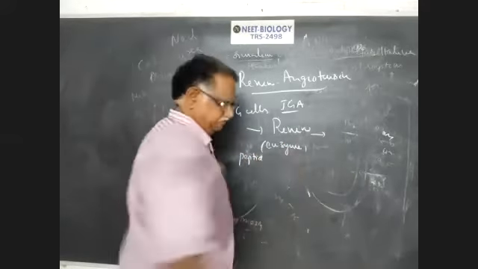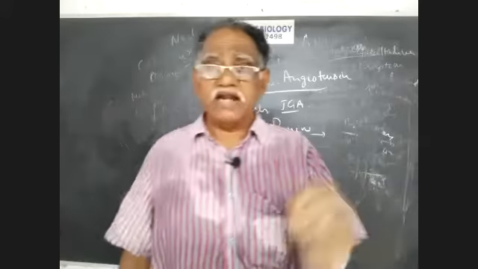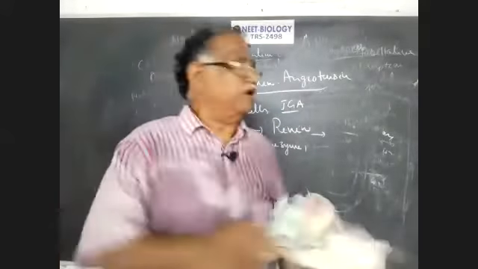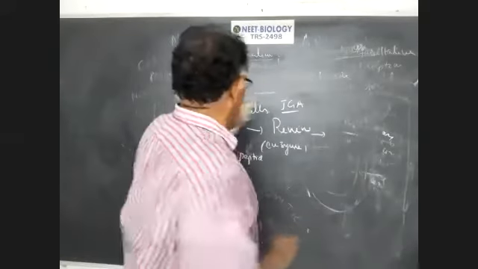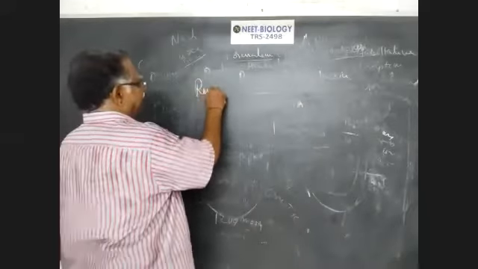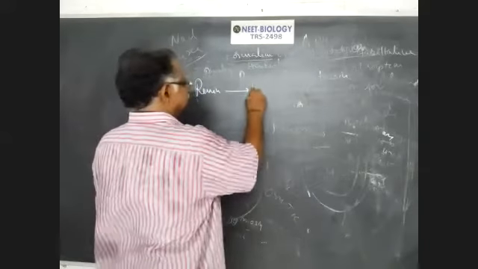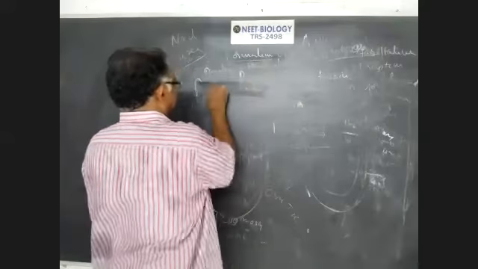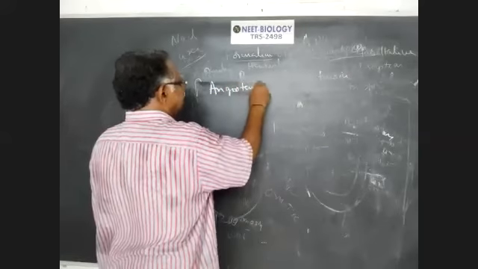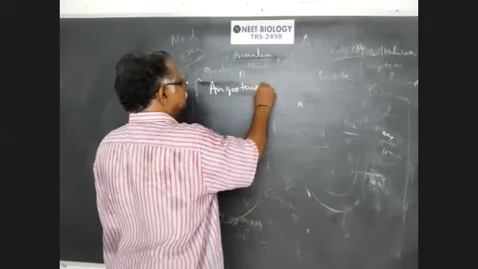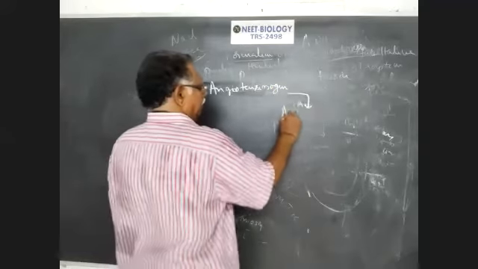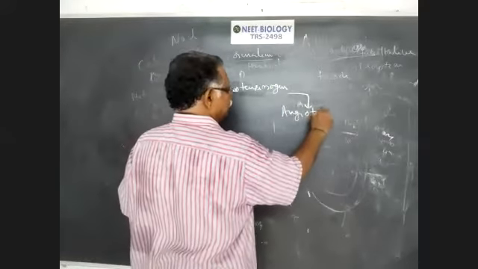The renin converts angiotensinogen present in the blood, secreted by the liver, into angiotensin 1.